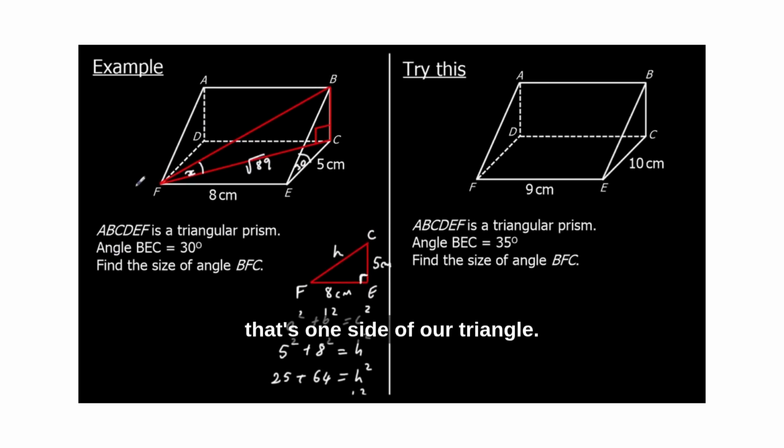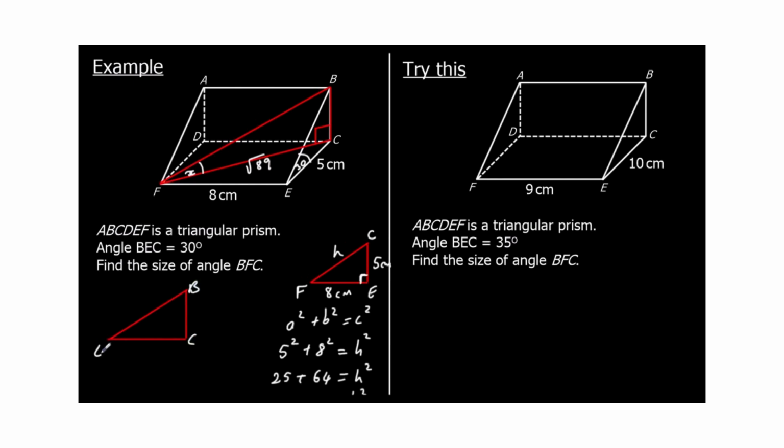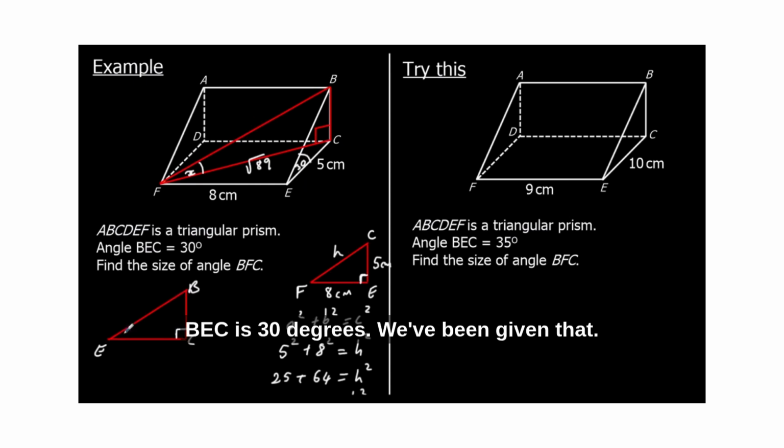So that's one side of our triangle. Then we can use another right angle triangle, BCE. So BCE is a right angle. BEC is 30 degrees, we've been given that.